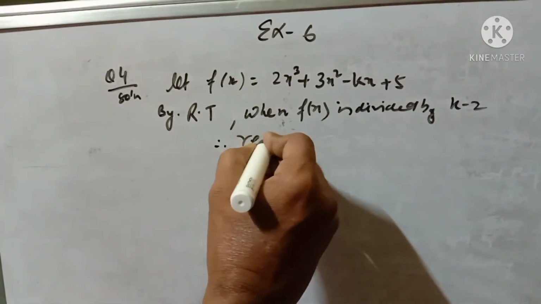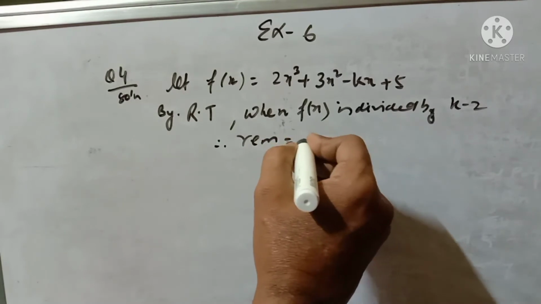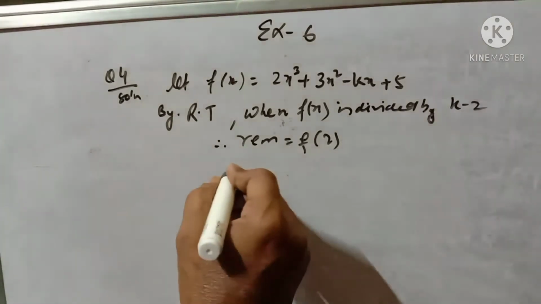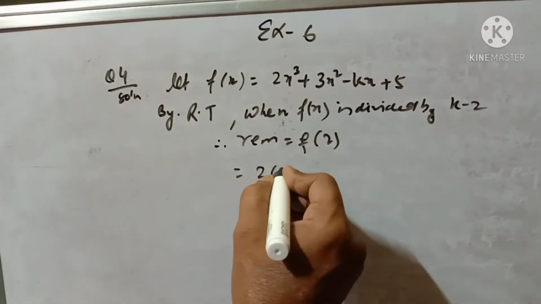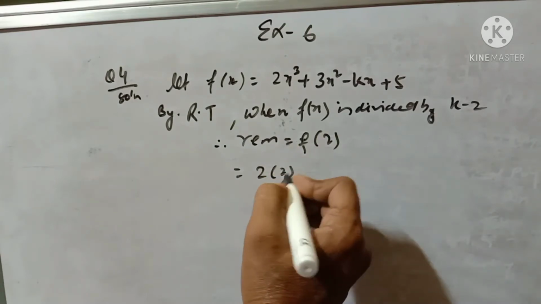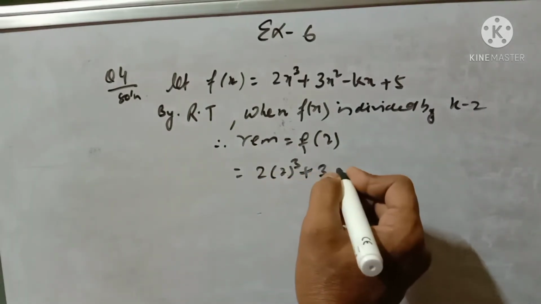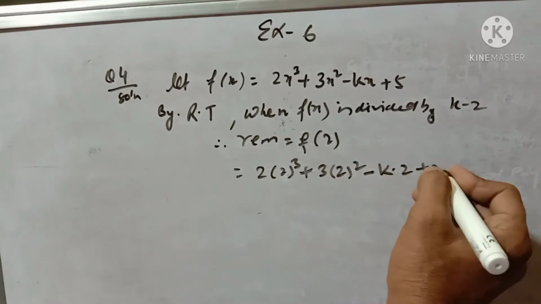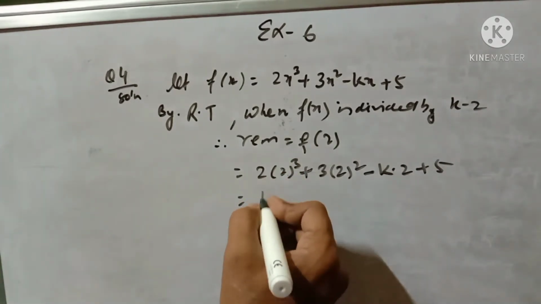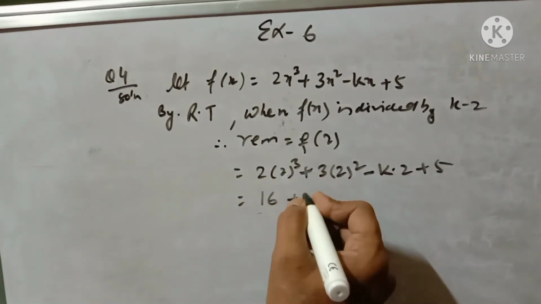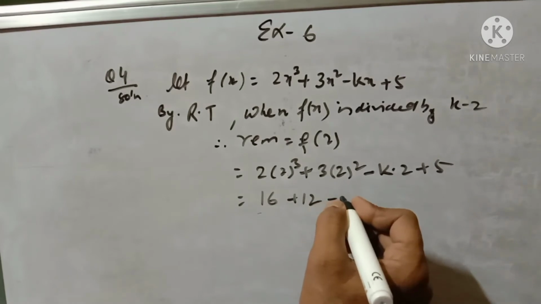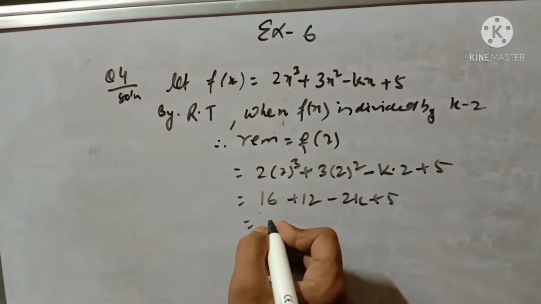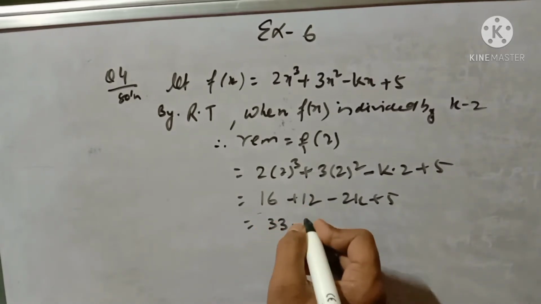Therefore, the remainder is equal to f(2). Now put the value in this equation: 2 into 2 cube plus 3 into 2 square minus k into 2 plus 5. So this is 8, 2 eights are 16, and 3 fours are 12, and minus 2k plus 5. 16 plus 12 plus 5 is 33, so 33 minus 2k.